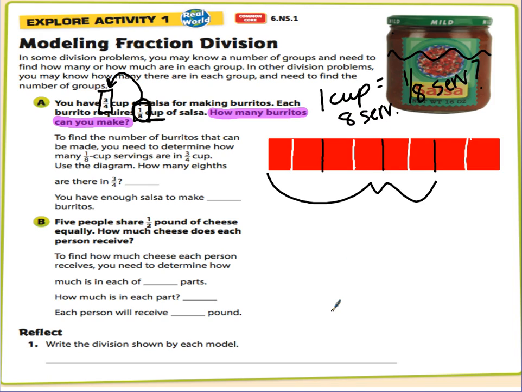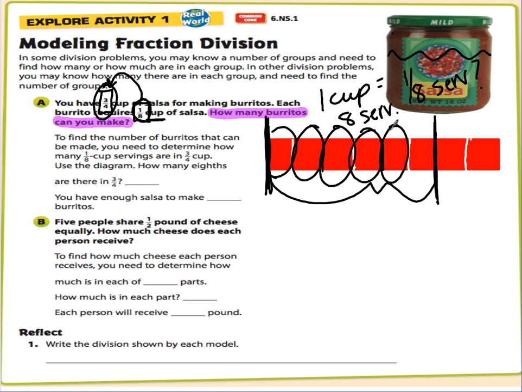But I'm not working with that full cup. I'm only working with this 3/4 of a cup. So I want to know inside here how many 1/8 cups are there. So I can look at that breakdown as 1, 2, 3, 4, 5, 6. So inside of 3/4 of a cup, there are only 6 1/8 servings. So I can only make 6 burritos.